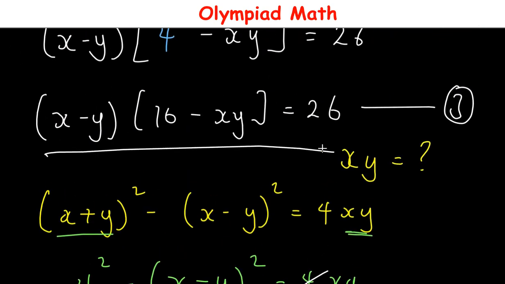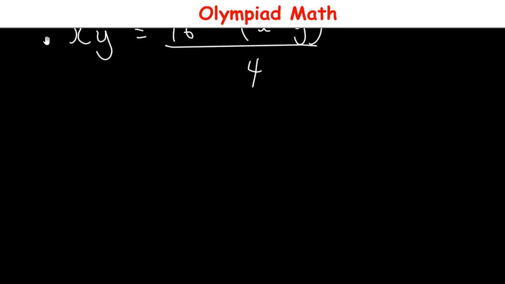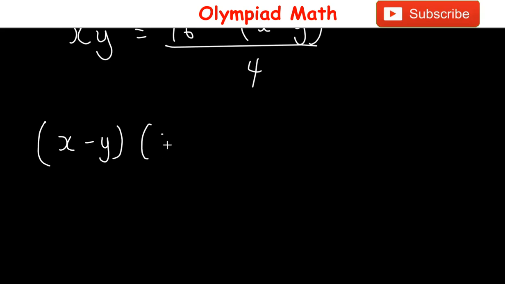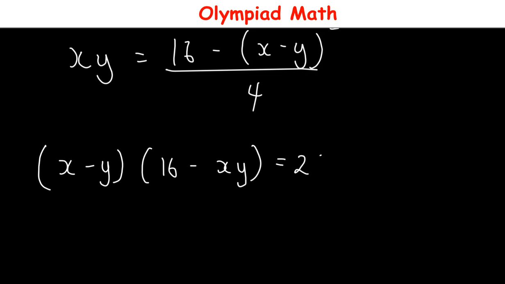So, writing this down, we have in brackets x minus y multiplied by 16 minus x times y, and this equals 26. This is equation 3.